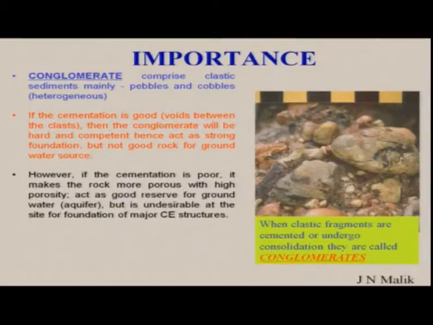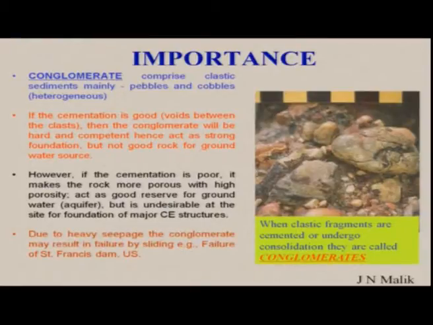If it is competent or good cement, then you can indicate that these are good for the foundation. But if it is poor cementation, and it breaks easily, then it is not good for the foundation.